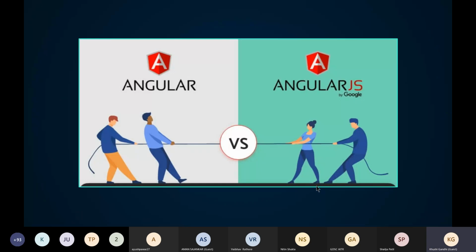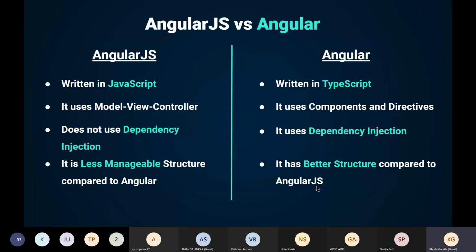Then, if we see the difference between them, AngularJS was written in JavaScript, while Angular is written in TypeScript. Then AngularJS uses model view controller, while Angular uses components and directives, which we will also discuss later.